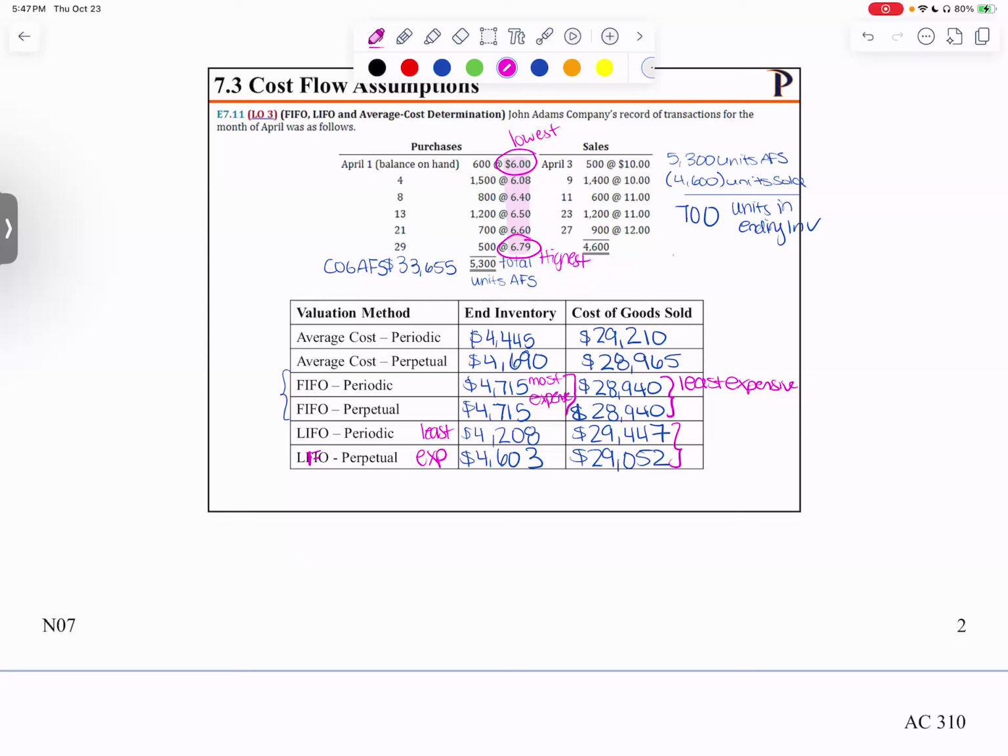So our cost of goods sold is going to reflect our most expensive inventory that we purchased. And then our average cost should fall somewhere in between.